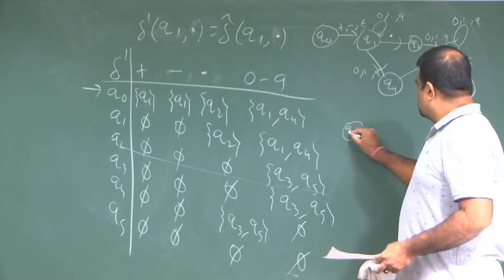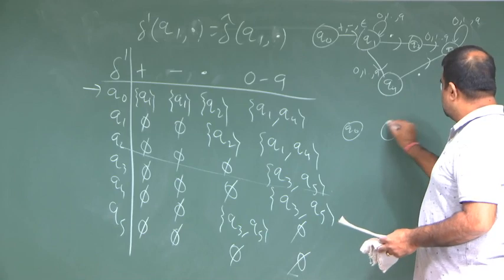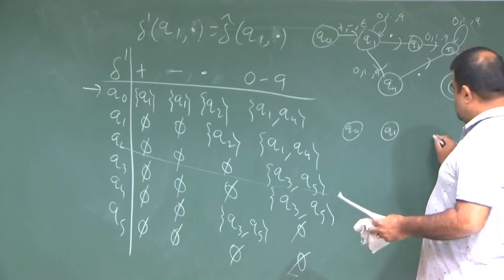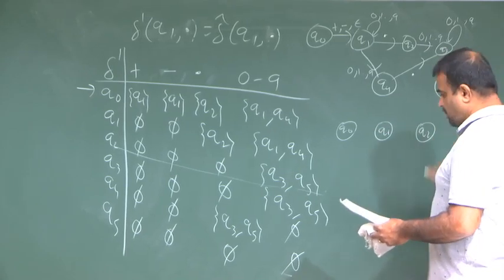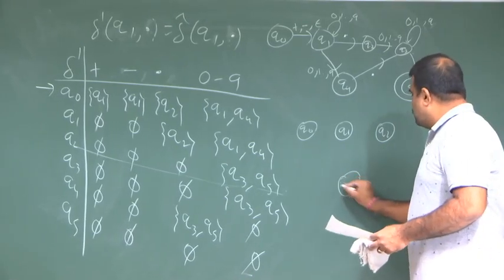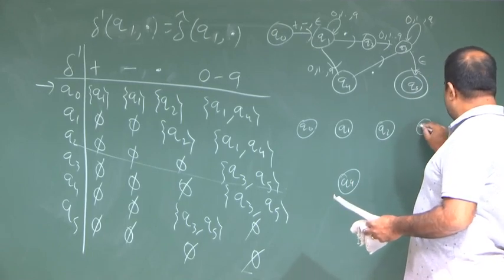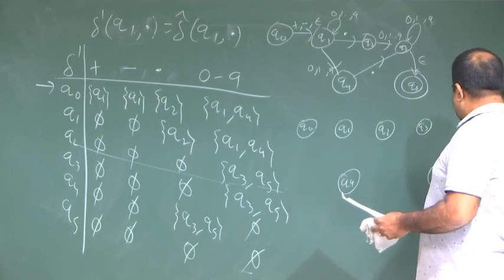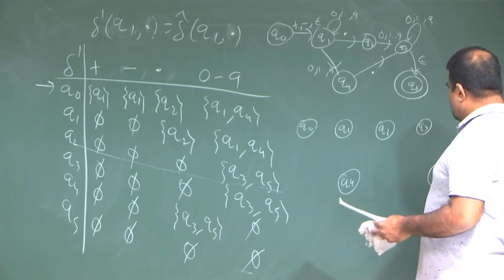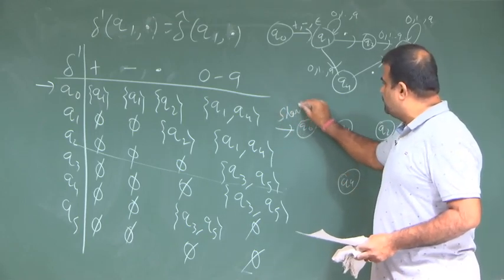So, Q0 and we have Q1, Q2, we can have Q4 over here and then Q3 and we have Q5. Here, this is the starting state, I am drawing this NFA.